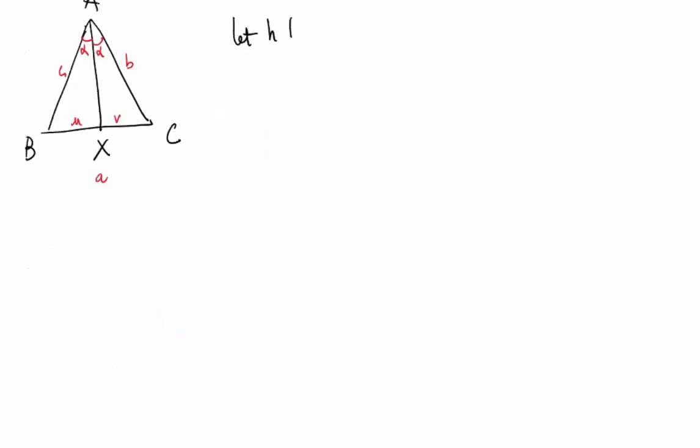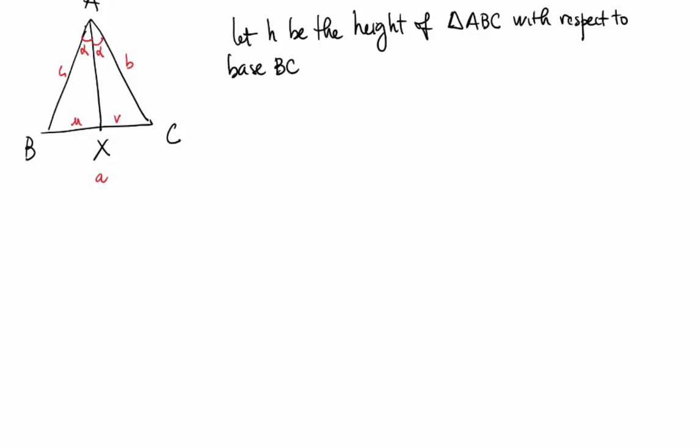Okay, let h be the height of triangle ABC with respect to base BC. Then the area of triangle ABX, this triangle here, will be u times height h over 2.